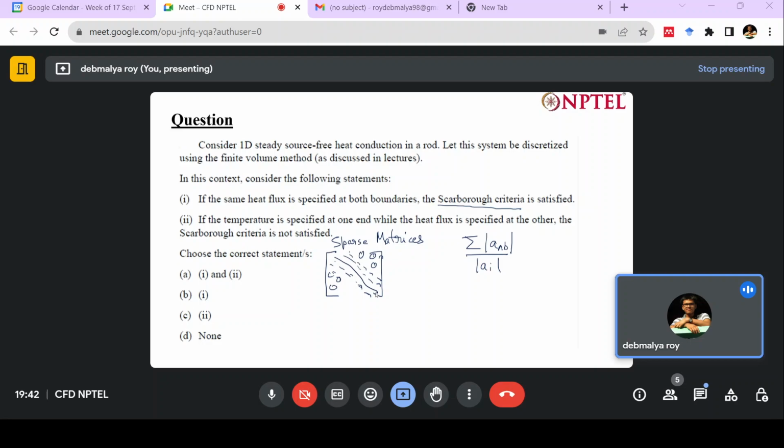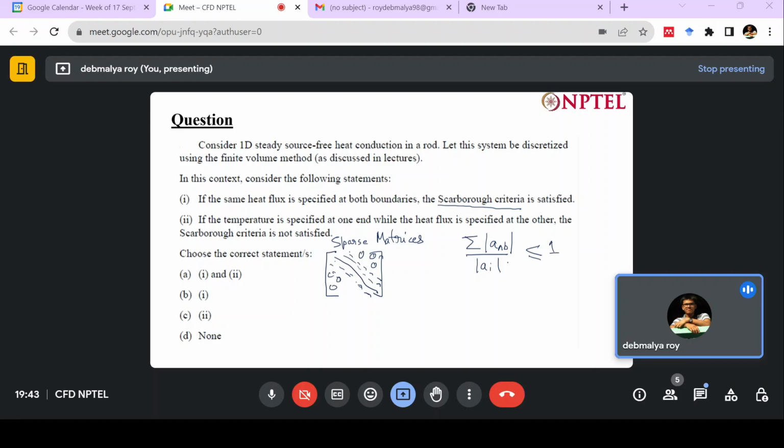So the Scarborough criteria takes advantage of that and says that the sum of the absolute values of the neighbors of this particular element, divided by the diagonal, should be less than or equal to 1.